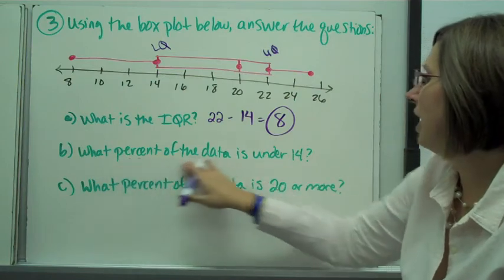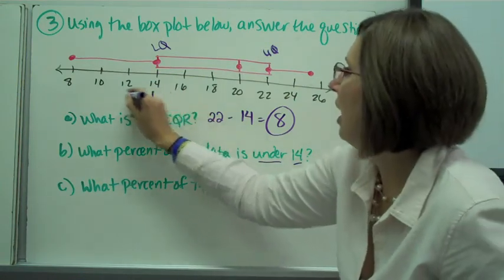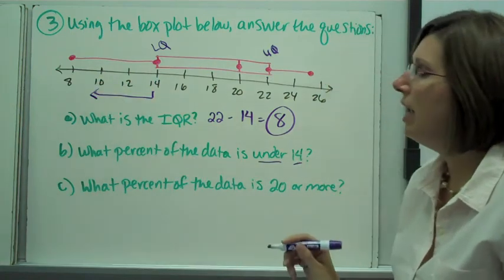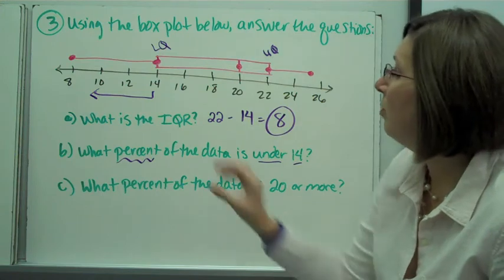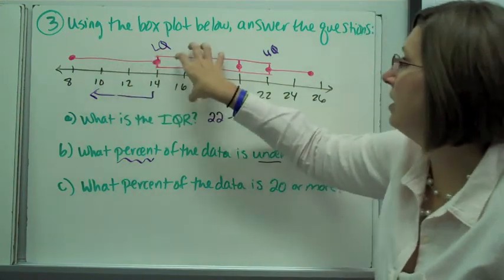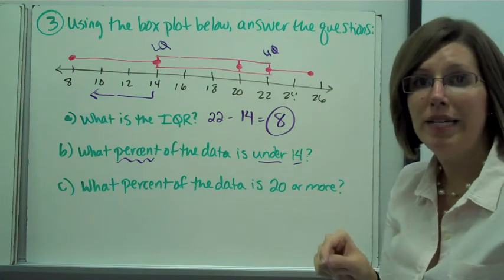B, what percent of the data is under 14? So I have to go to 14, anything under 14, and this is a percentage as my answer. Like we said before, each piece of the plot is worth 25% of the data.